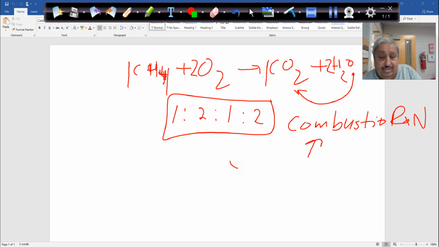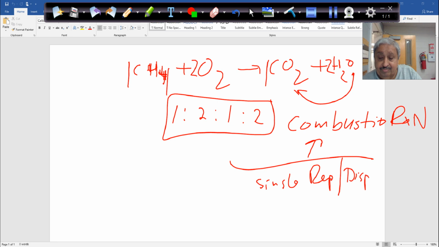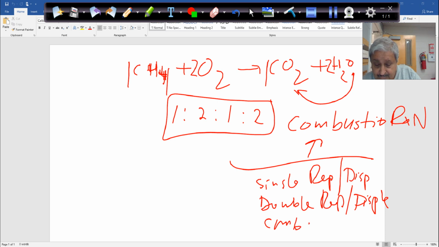Then the rest: single replacement or displacement, double replacement or displacement, combination, or sometimes called synthesis.